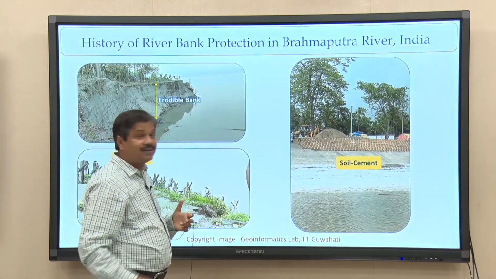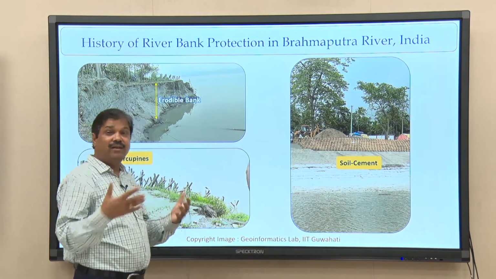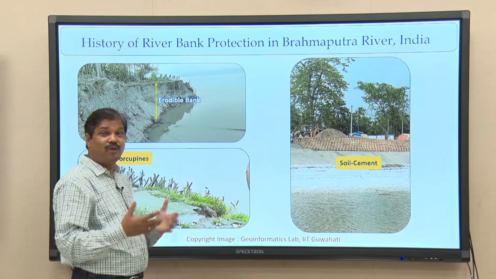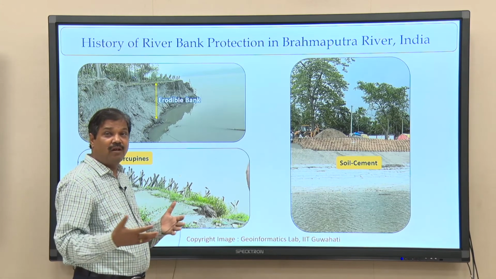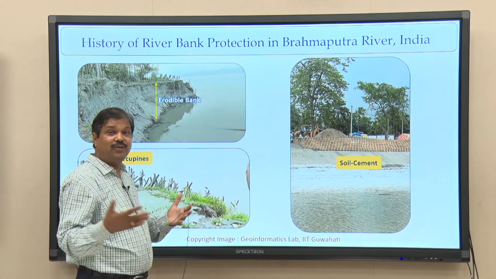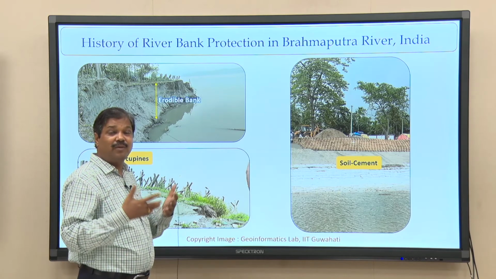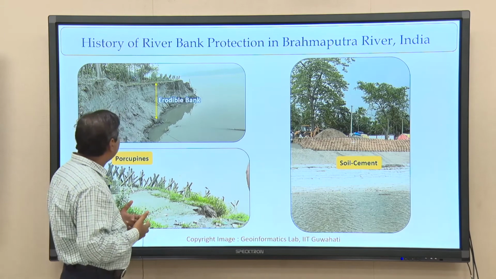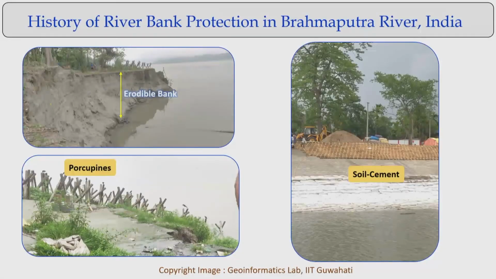If you look at the experience, river stabilization work is not a very easy task. When you talk about a river like the Brahmaputra, it is of such large dimensions that we cannot think river bank protection is a simple job. If you look at these figures, you can understand the height of the bank.